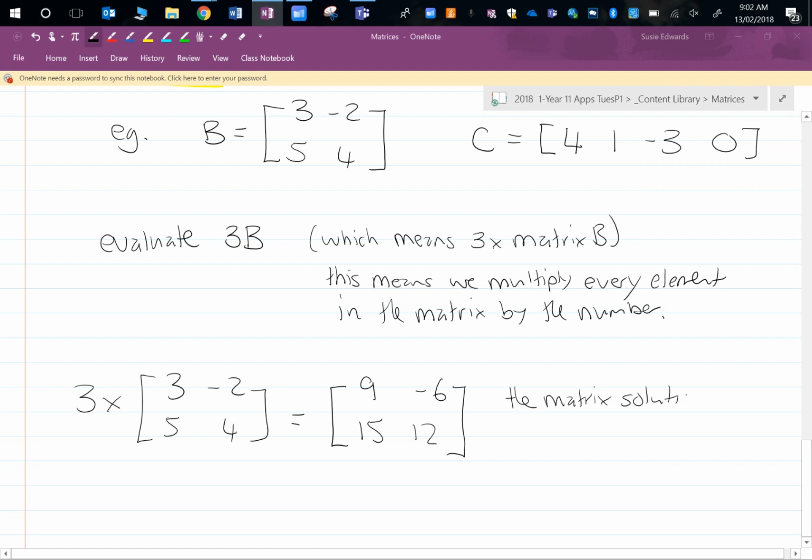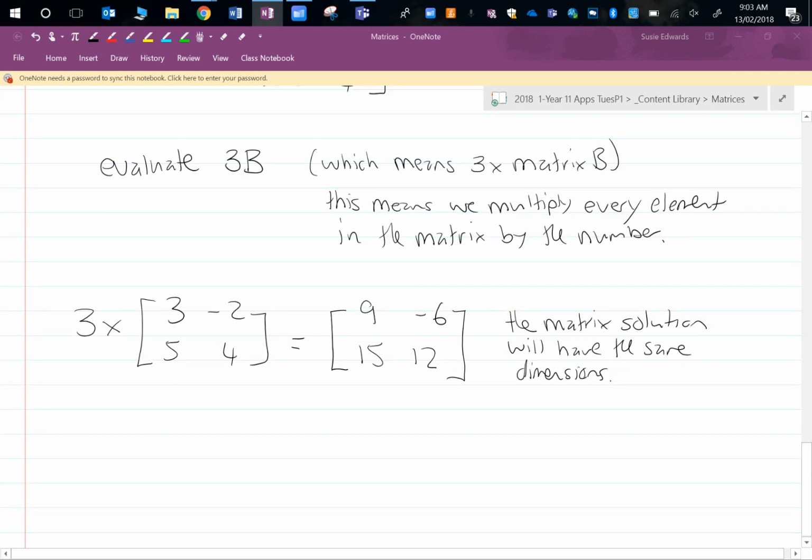The matrix solution will still be the same size. We'll still have the same dimensions. Make sense? Not very hard?